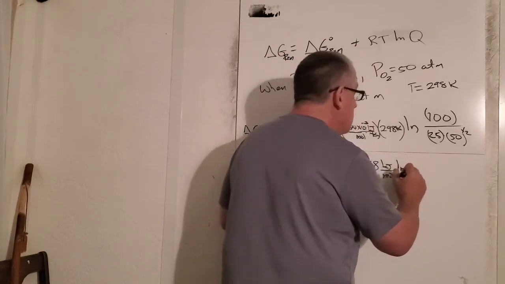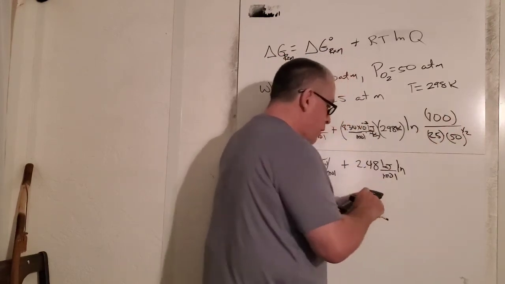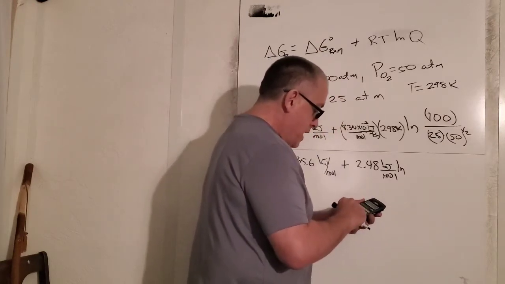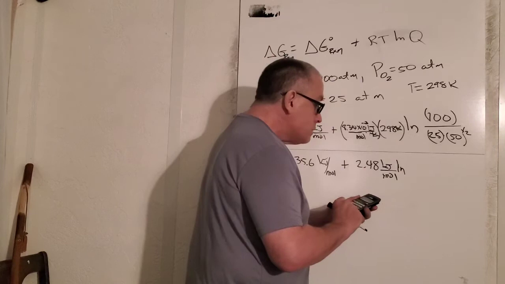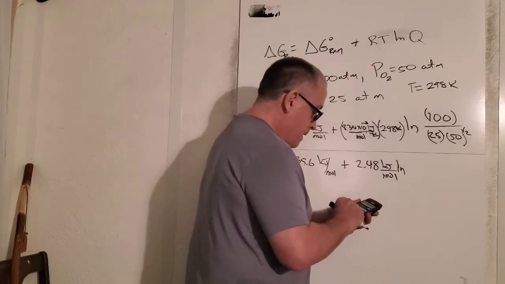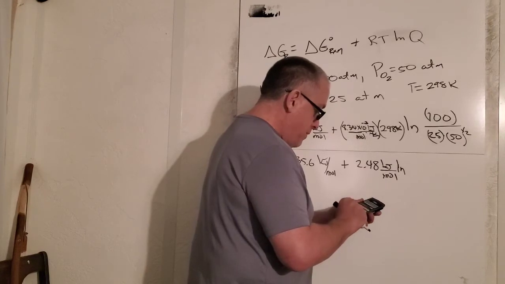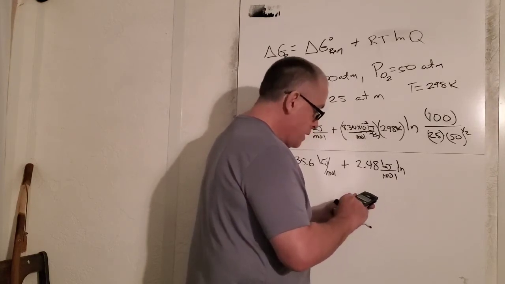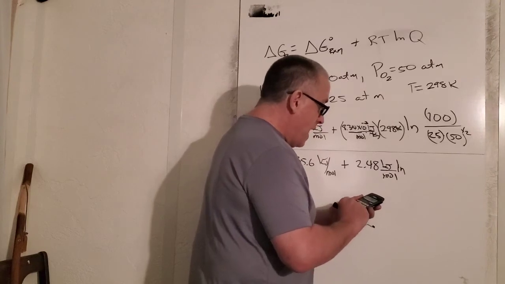Natural log, and I'm going to do this, I just want to do this part separate. So we're going to go 100 divided by 50, square root of, divided by 25.